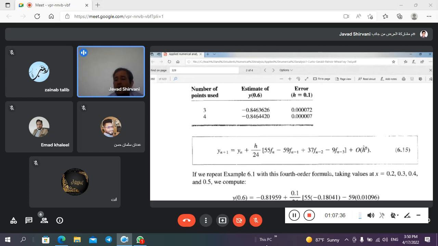This is a local formula, and the accuracy or the error term O(h^5) here is the local error.